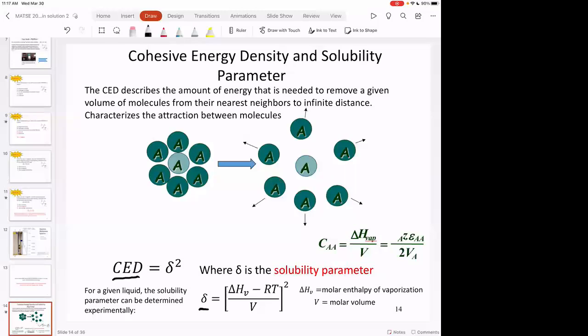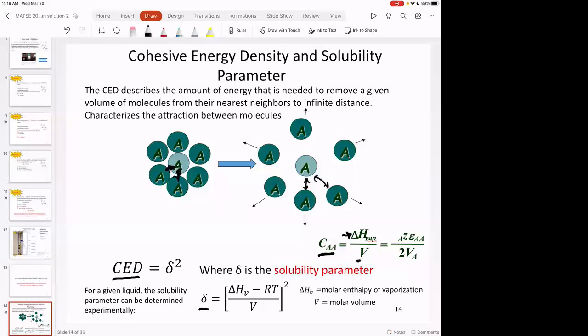And the cohesive energy density of, let's say, A interacting with a bunch of other A's, so in some sort of condensed medium, like a liquid or a solid, if you take all of those molecules and move them way apart so they don't interact, or you vaporize them, that's reflected in the heat of vaporization.